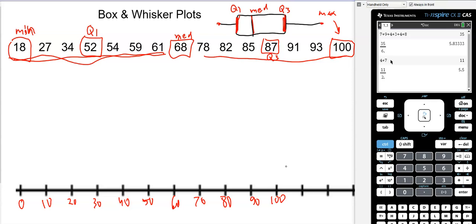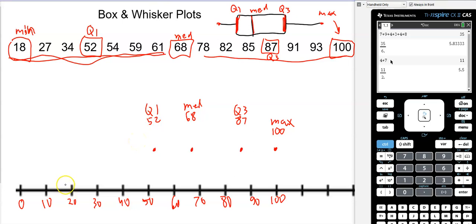And I'm going to plot these 5 points directly above there, not on the number line, but above. So I'm going to put it maybe this high. I'm going to say the max is 100. 87 would be right about there, so that's the Q3, which is 87. 68 would be right about here, so that's my median, which is 68. 52 is right about here, and that's my Q1, which is 52.